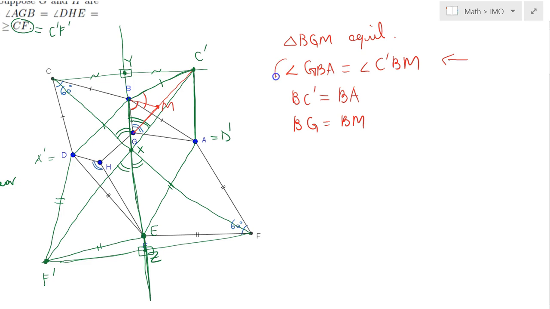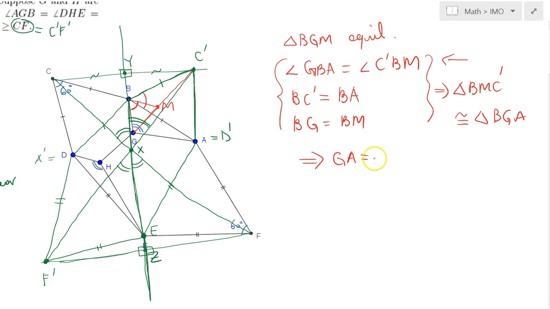So combining these three by side-angle-side, we can conclude that triangle BMC prime is in fact congruent to triangle BGA.